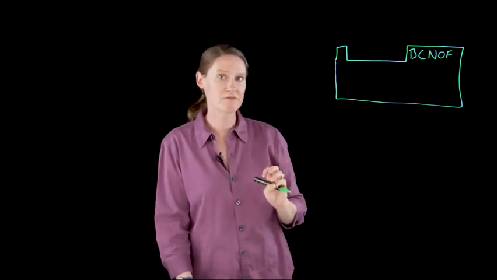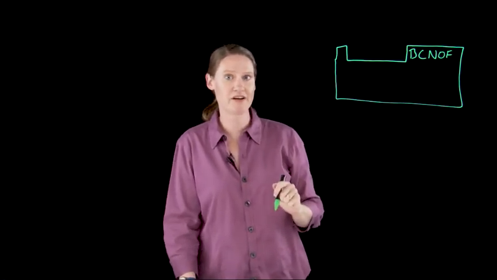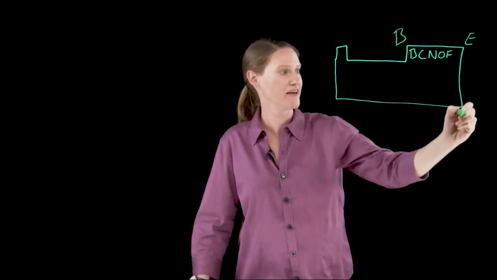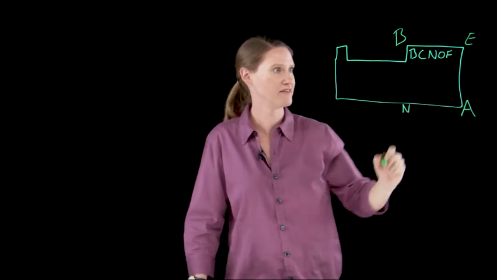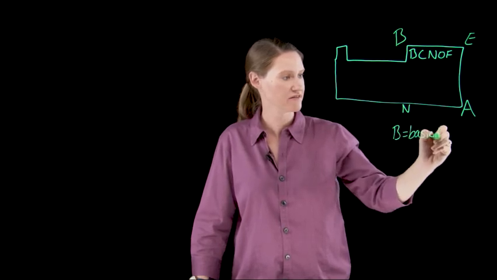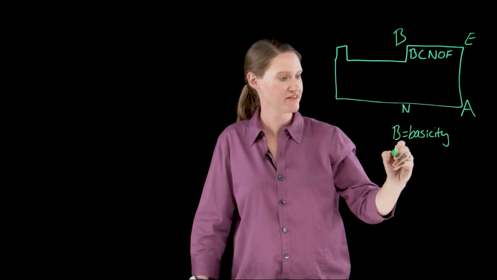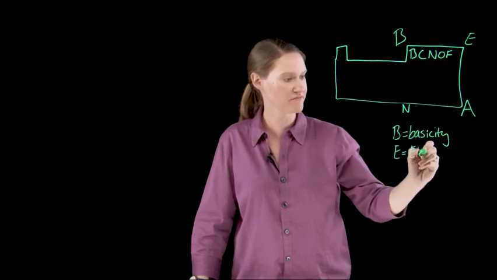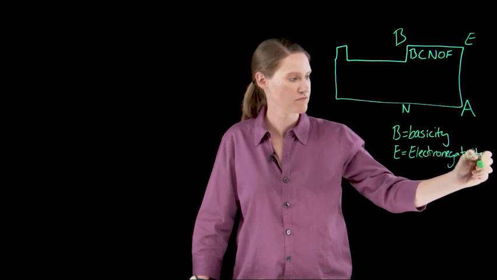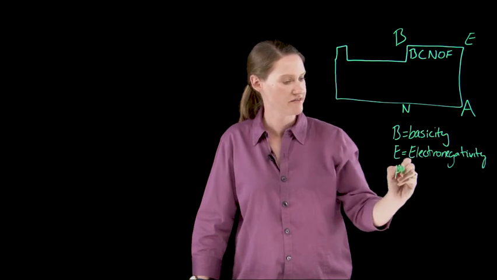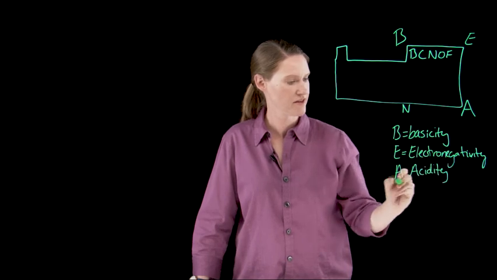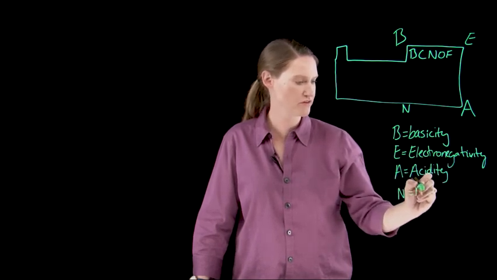And so the four trends that I'm going to talk about can be remembered with the mnemonic BEAN. B, E, A, N. Where B stands for basicity, E stands for electronegativity, A stands for acidity, and N stands for nucleophilicity.